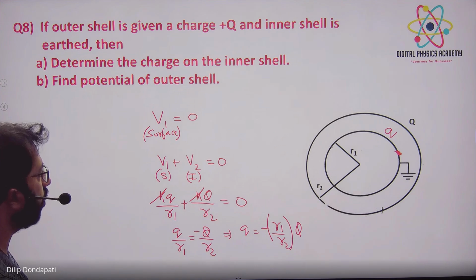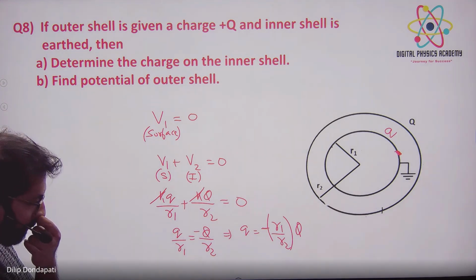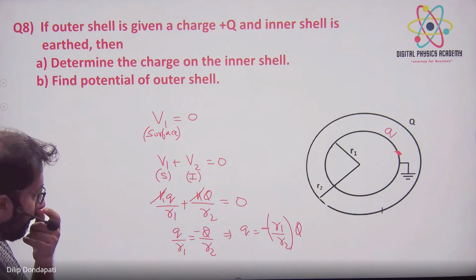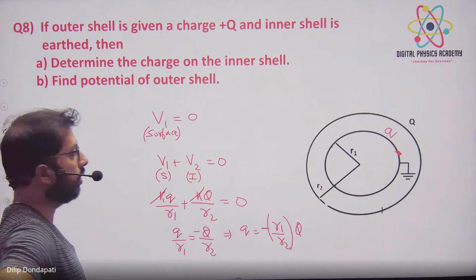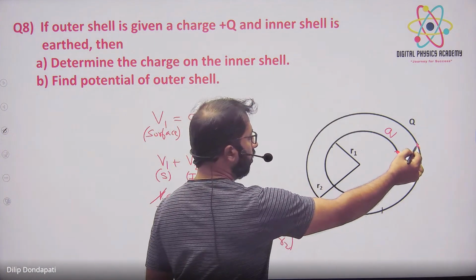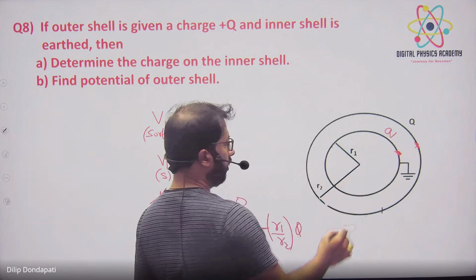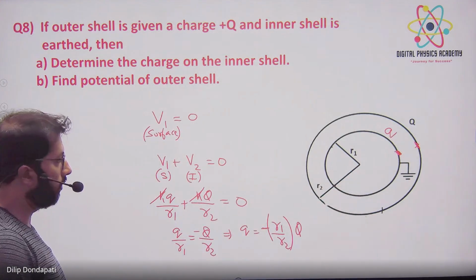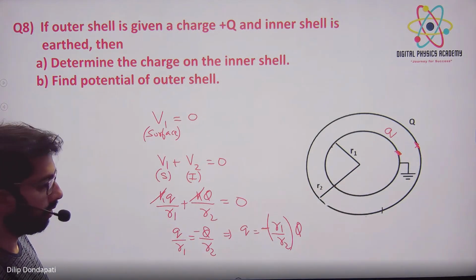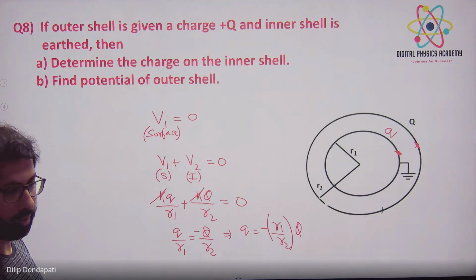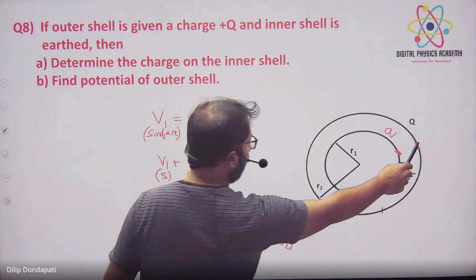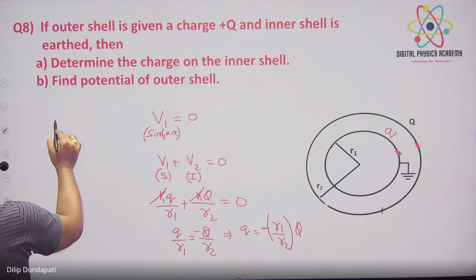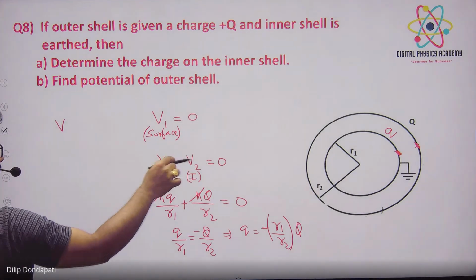Now find the potential in the outer shell. Outer shell potential because of this charge and this charge. KQ (R2 minus R1) by R2 whole square. Yes. See, outside potential क्या होगा? Outer shell में potential क्या होगा? See, inside everything है ना? हाँ.